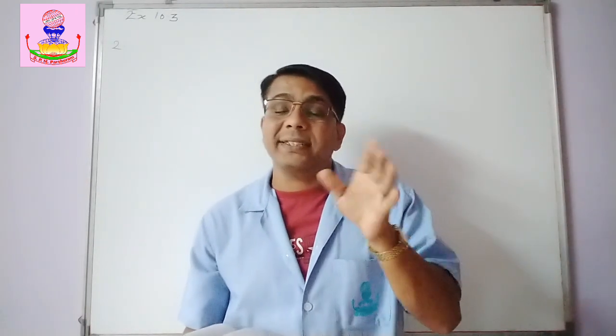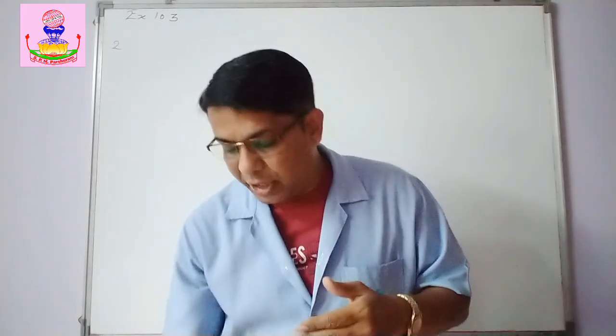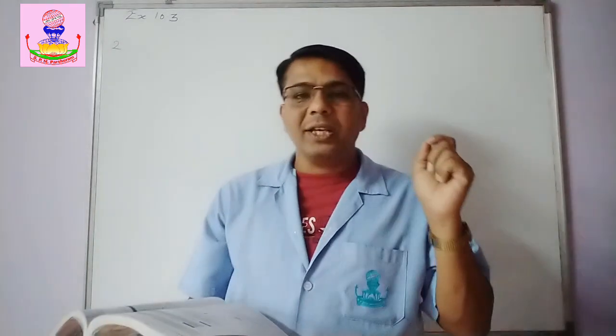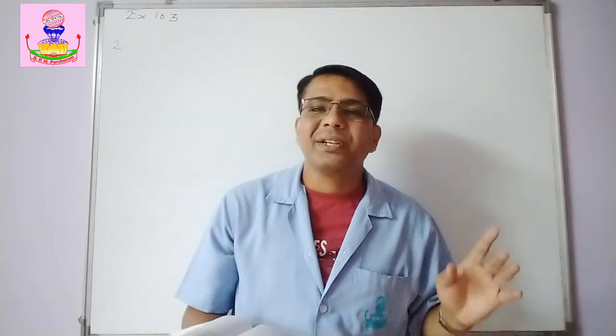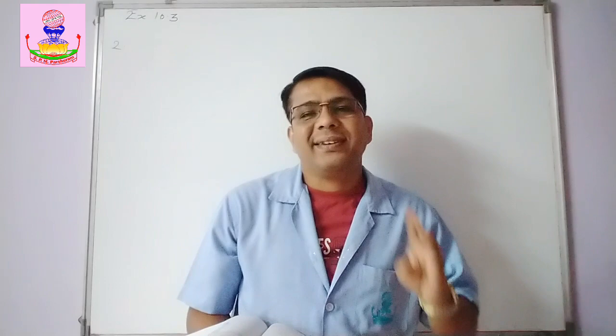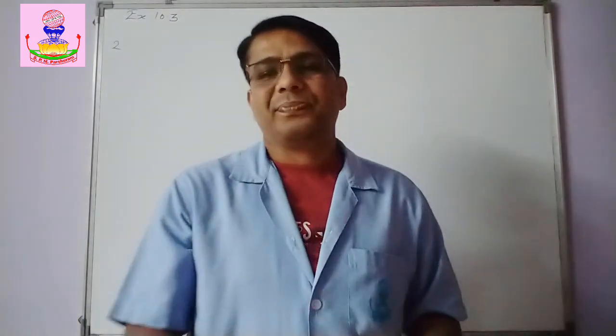So at least 4 faces are there for a polyhedron. So definitely we can have a polyhedron with any given number of faces, but if and only if the number of faces is greater than or equal to 4, because a polyhedron always has at least 4 faces. Okay, so let us write the answer of this.